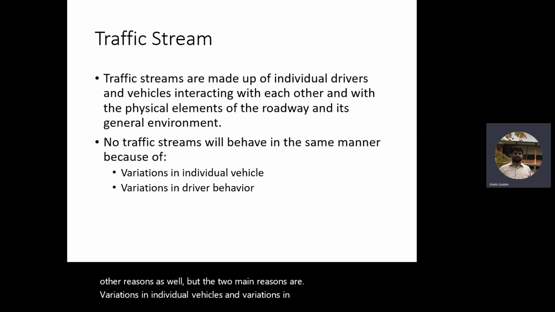So variation in vehicles can include the mix of vehicles you have. What is the percentage of heavy vehicles you have? What is the percentage of cars and bicycles and bikes you have? Okay. Then the operating characteristics of the vehicles themselves.